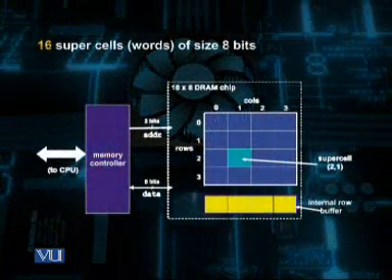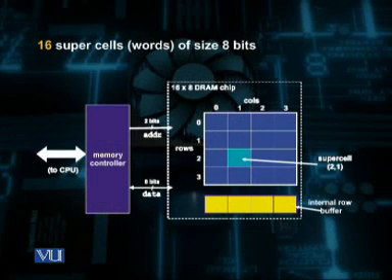For example, here you can see a supercell marked as supercell 2,1, which means it is a cell of 8 bits corresponding to its location at row number 2 and column number 1.